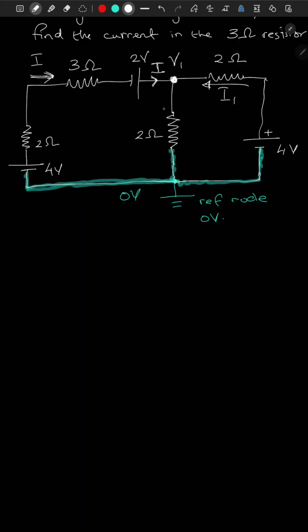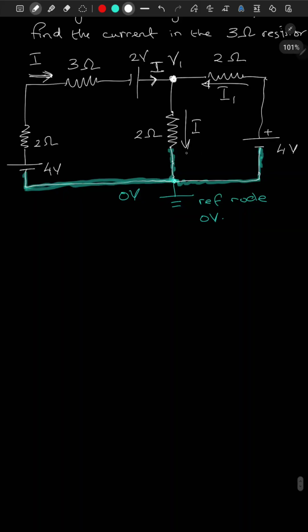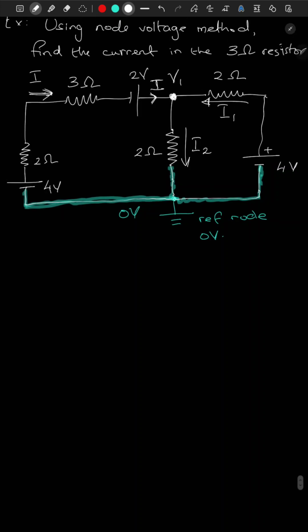And therefore, in this branch, the current would flow toward the reference node because it is at zero potential. Current always flows from high potential to low potential. So let's assign this I2. Okay, now we have assigned our currents and voltage. Our potential at this node, node 1, we have assigned as voltage V1.